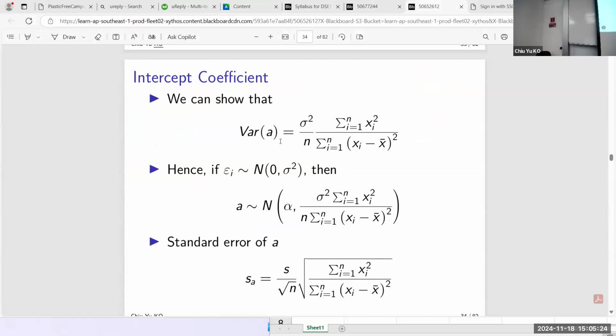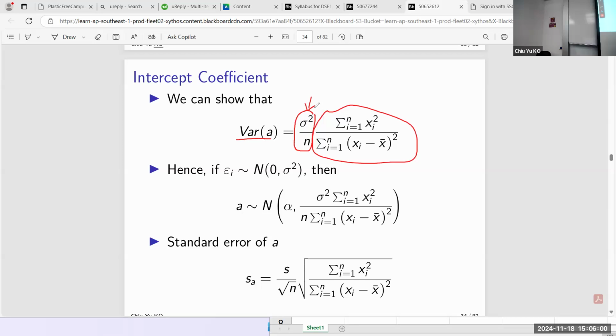Let's make sense of that one, okay? So let's look at this. The variance of the intercept depends on two parts. This is the first part and this is the second part, okay? The first part is rather simple. Sigma squared is the importance of the other factors, not X. If sigma is very large, then your possible A will be much larger.